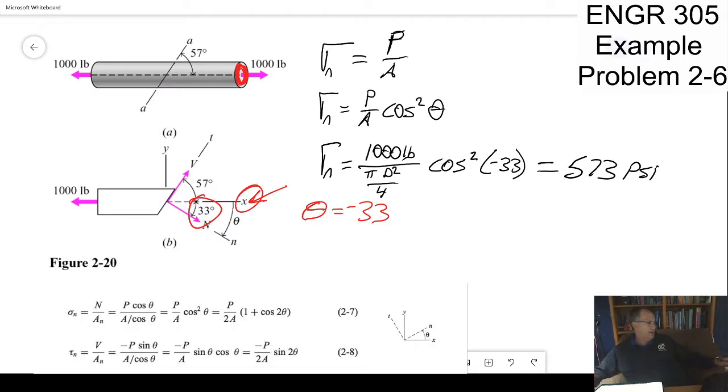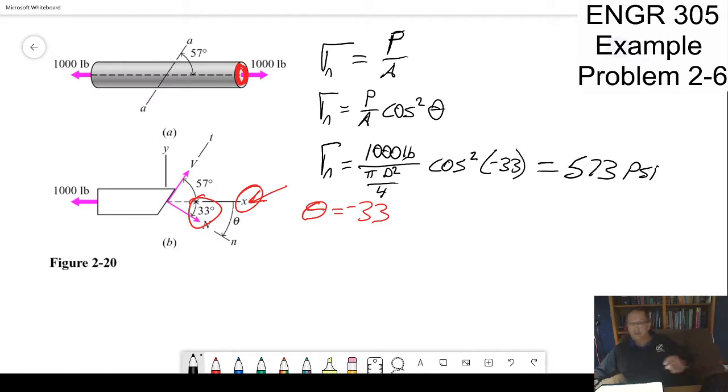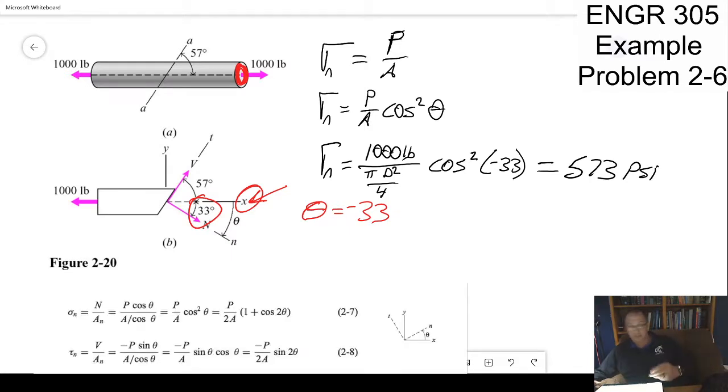Now the other half of the problem is calculating the shear stress. I am going to write down the equation right underneath.